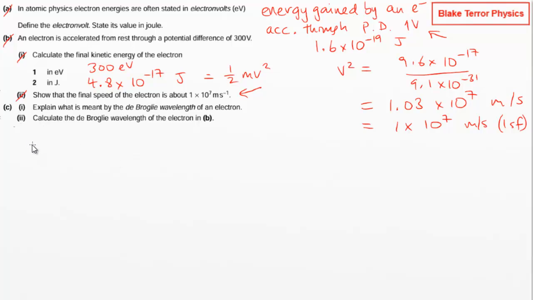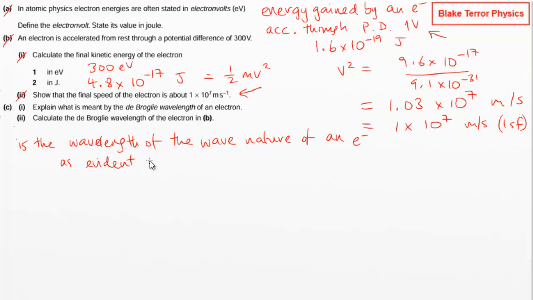You might want to put in a little more than that, something like: as observed when electrons are diffracted by a crystal lattice.